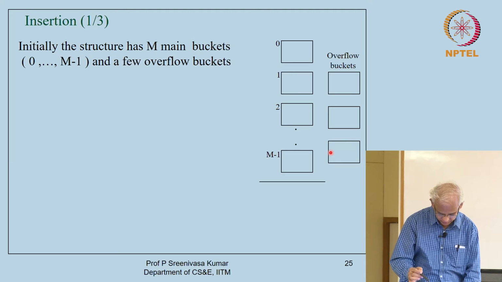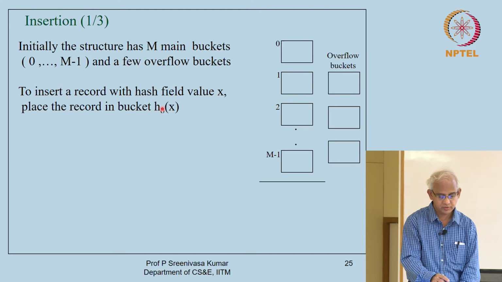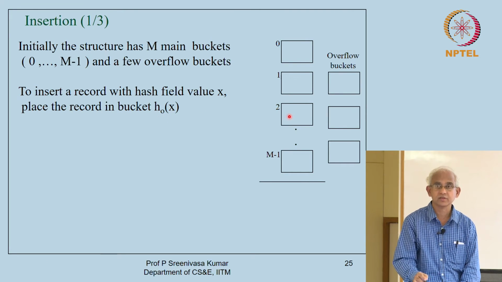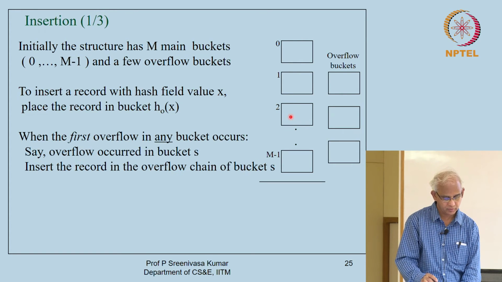Now, the insertion: to insert a record, say with hash field value x, we will compute H0 of x. So, we will get a bucket number, go there and insert it, that is all, simple. In case there is no space there, go and insert the record into the overflow chain. Okay, that is simple.